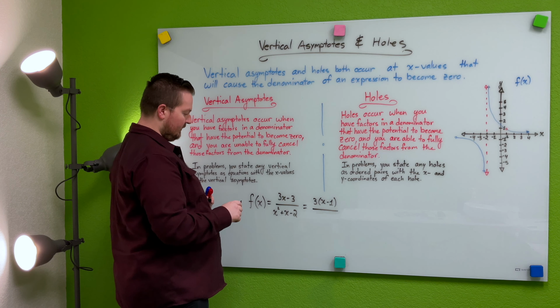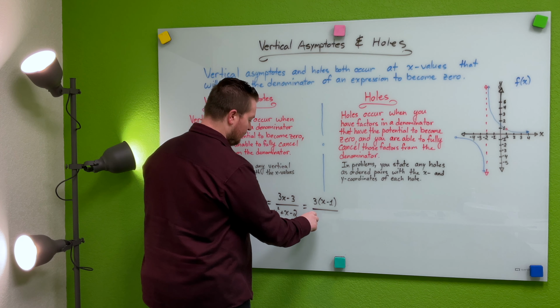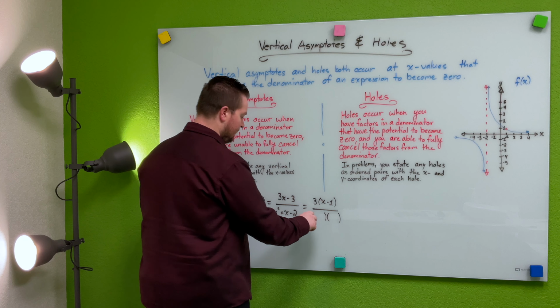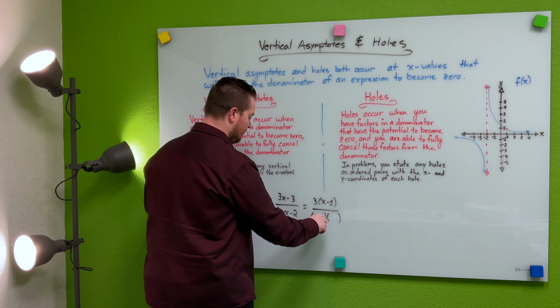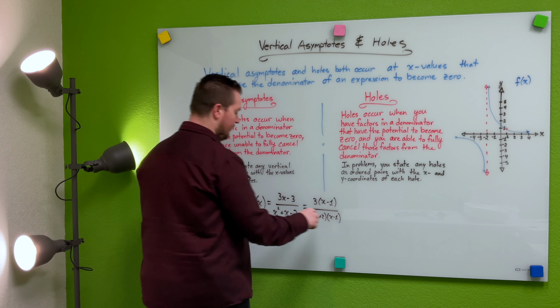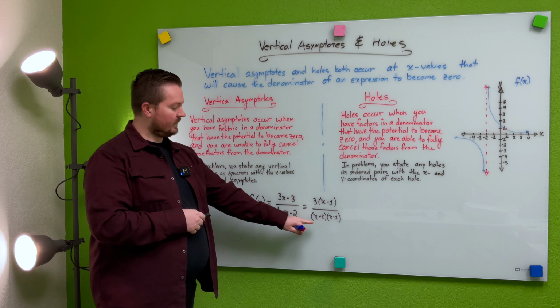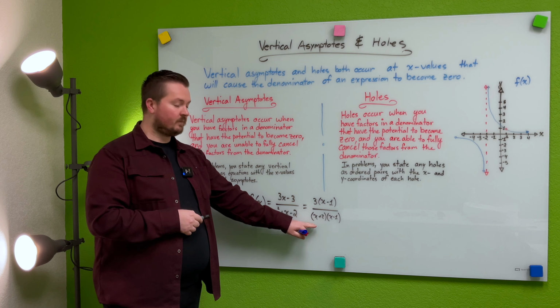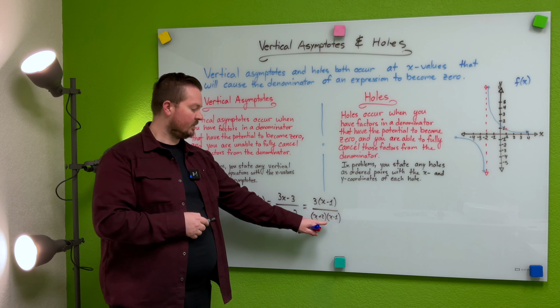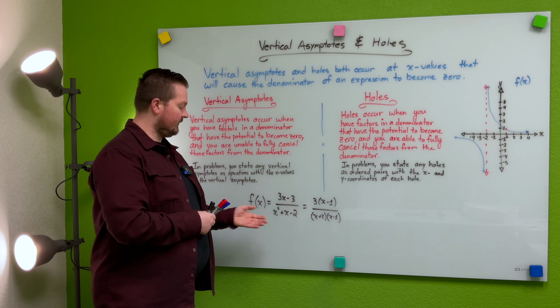For the denominator, we do a little thinking here. It looks like we can factor this into x plus 2 and x minus 1. So in this form, we can see the two factors that are being multiplied to give us this denominator.